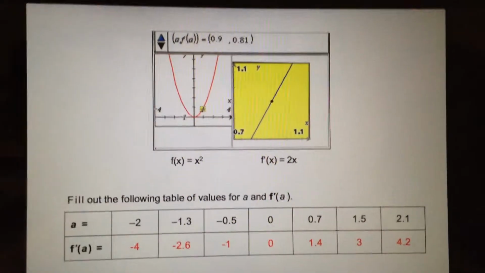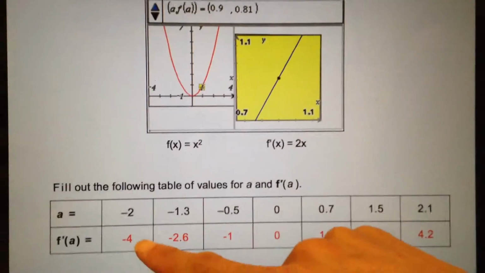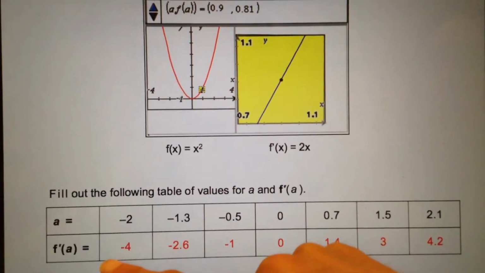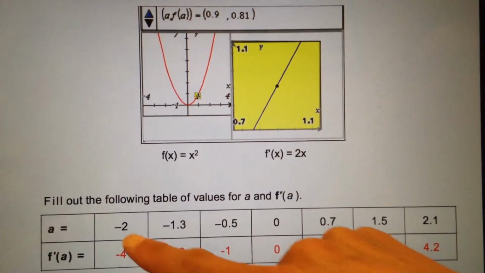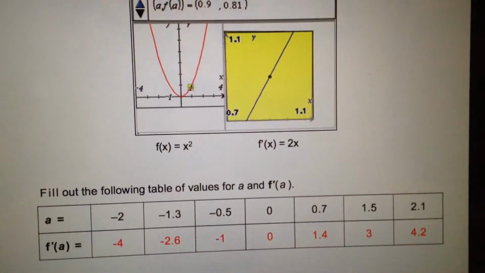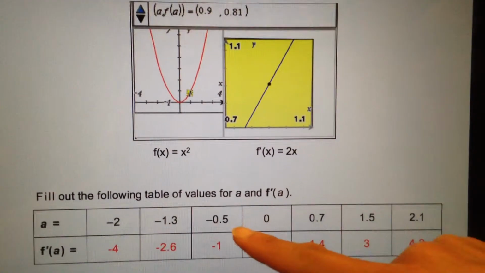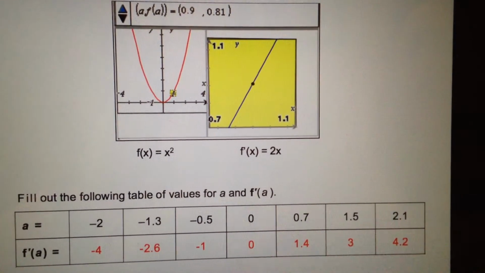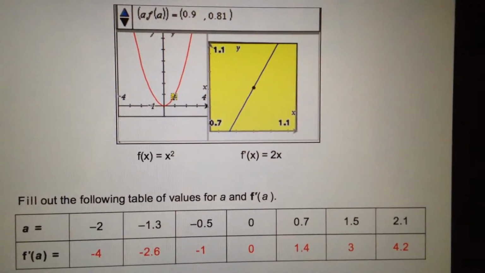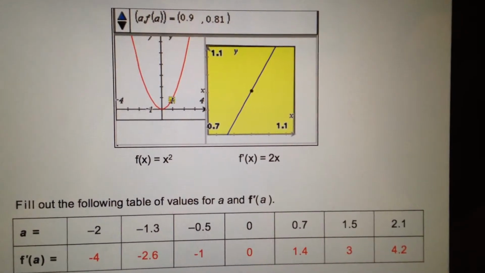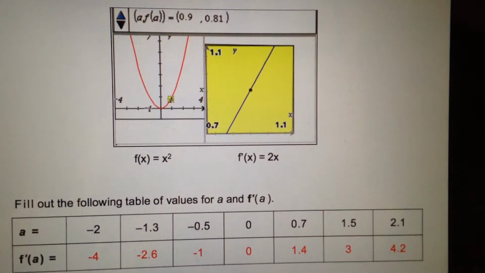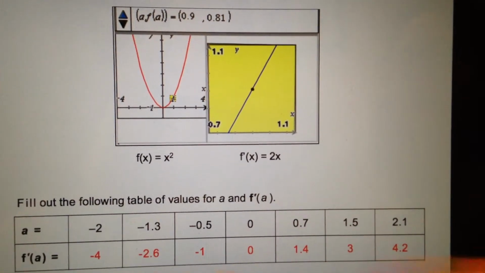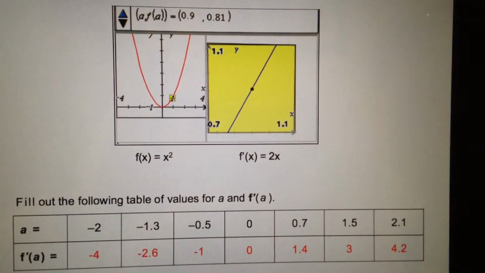Okay, so here's a bunch of points for a, and you need to find what f prime of a would be at these various points. So for a equals -2, -1.3, -0.5, 0, all the way up to positive 2.1, I need you to compute the values of f prime of a, which are entered right here in red.